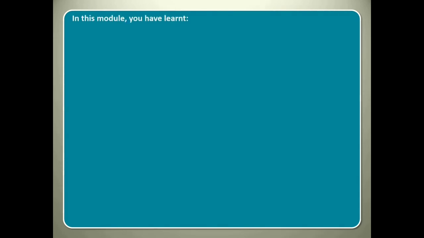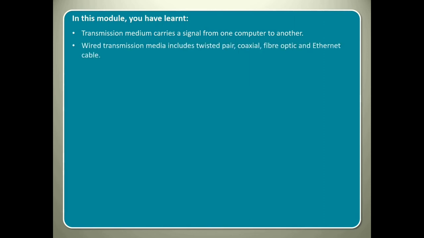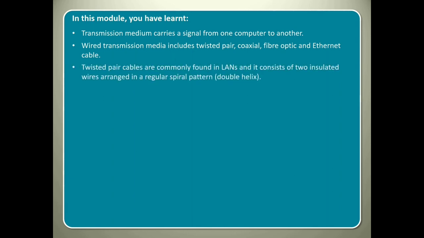In this module, you have learnt that transmission medium carries a signal from one computer to another. Wired transmission media includes twisted pair, coaxial, fiber optic, and Ethernet cable. Twisted pair cables are commonly found in LANs, and it consists of 2 insulated wires arranged in a regular spiral pattern, double helix.